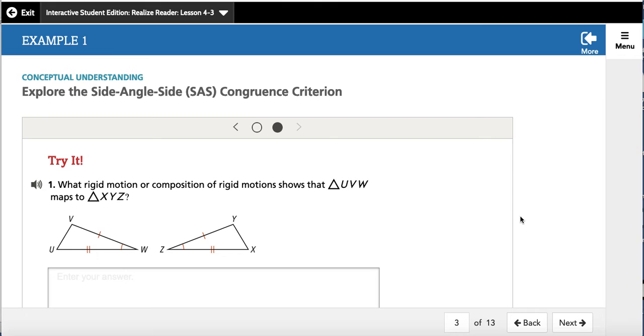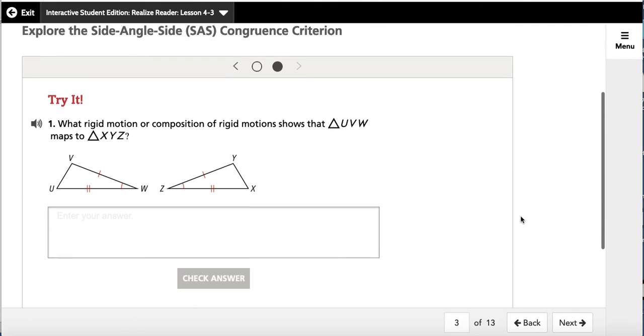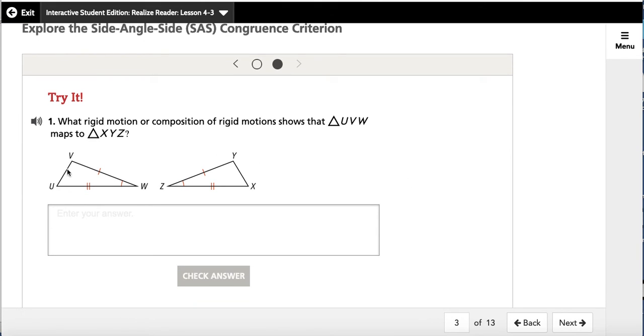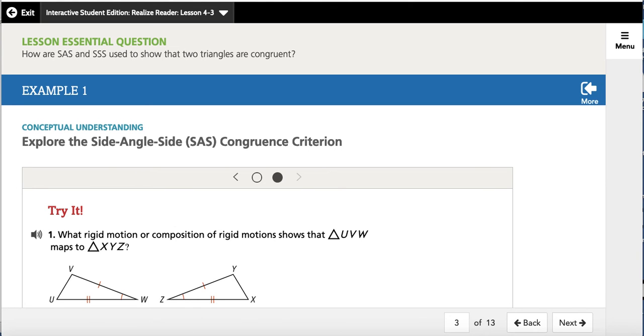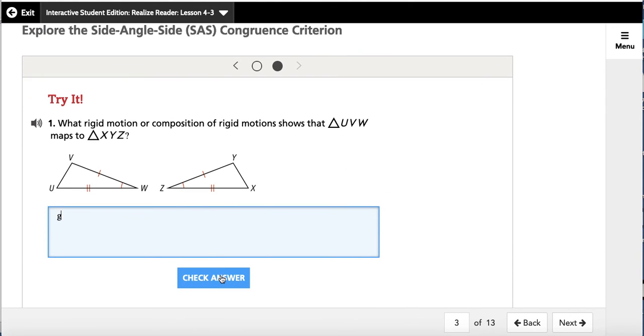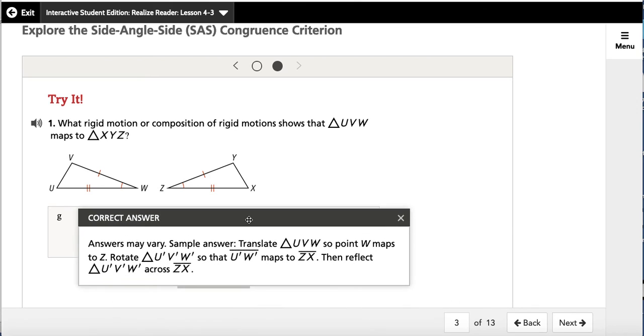Here they're asking again for a rigid motion or composition of rigid motions that show that triangle UVW, which has a side and a side congruent to a side and a side, and the angle in between is congruent, maps to the other triangle. And I'm just going to click to see. There are other ways.